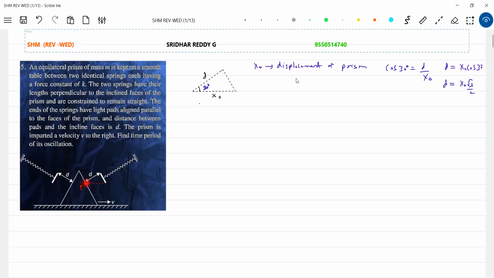So therefore this d will be... okay, for the prism to come in contact with the spring, it has to cover a distance x naught. Then what is the time needed to cover a distance x naught with a speed v? Let me call that time t1. So t1 will be x naught by v.